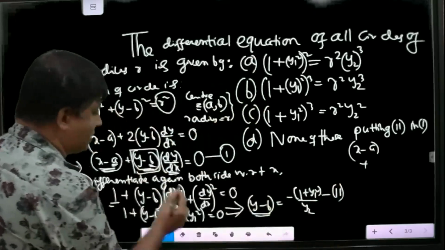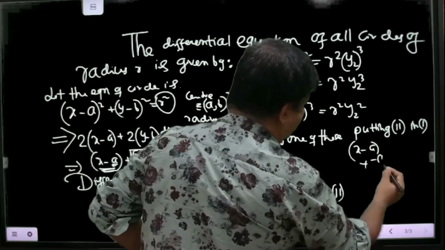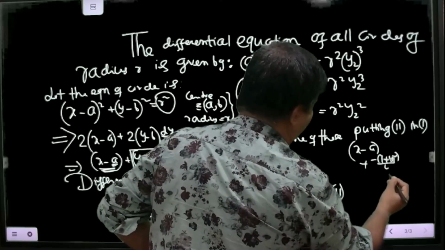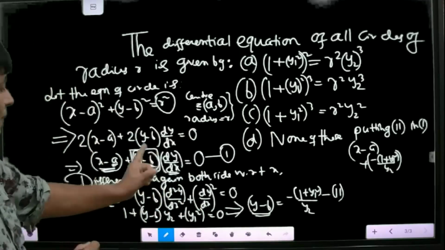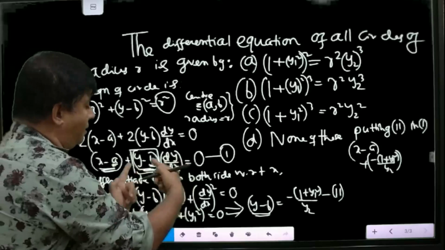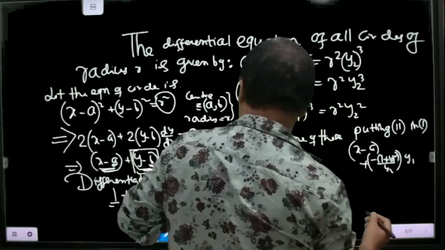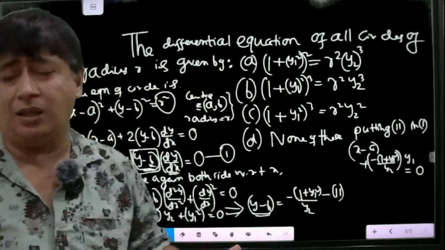What is y minus b? That is minus (1 plus y1 square) by y2. In place of what have I put it? y minus b. And what was appended with that? dy/dx, that means y1, that is equal to 0. You can ask me, what is the role of this?